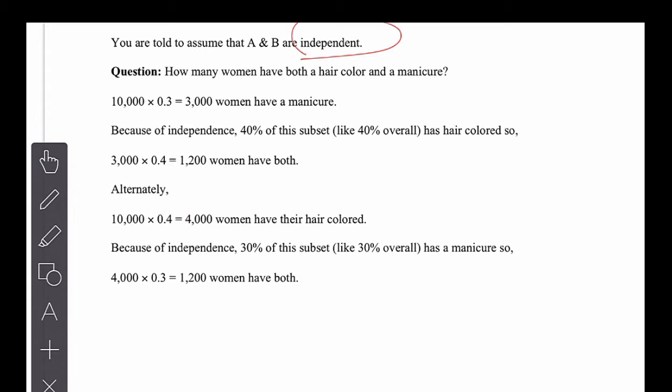The 30% doesn't change. So 30% of 4,000 is again 1,200. Okay, so it doesn't matter which way I go. The probability stays the same if I consider one event or the other event. This is not necessarily the case in general. This is just if I told you they were independent or I had information that they were independent.